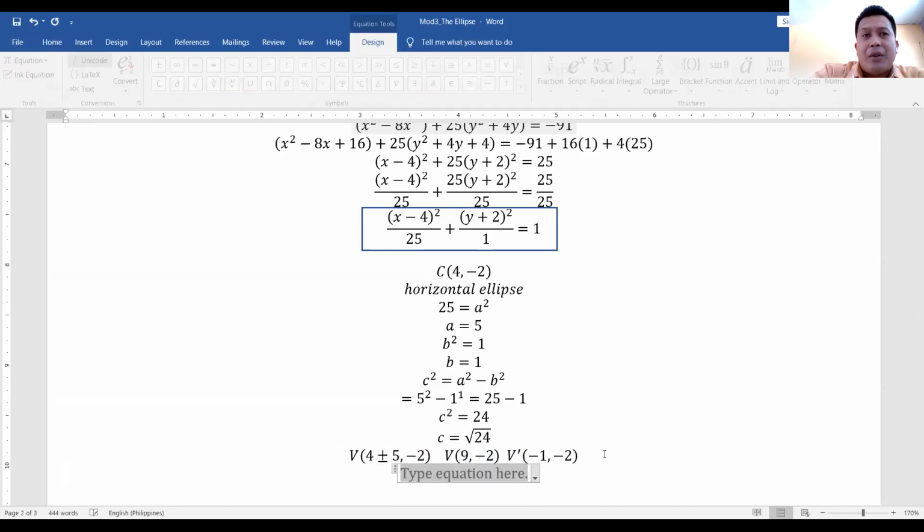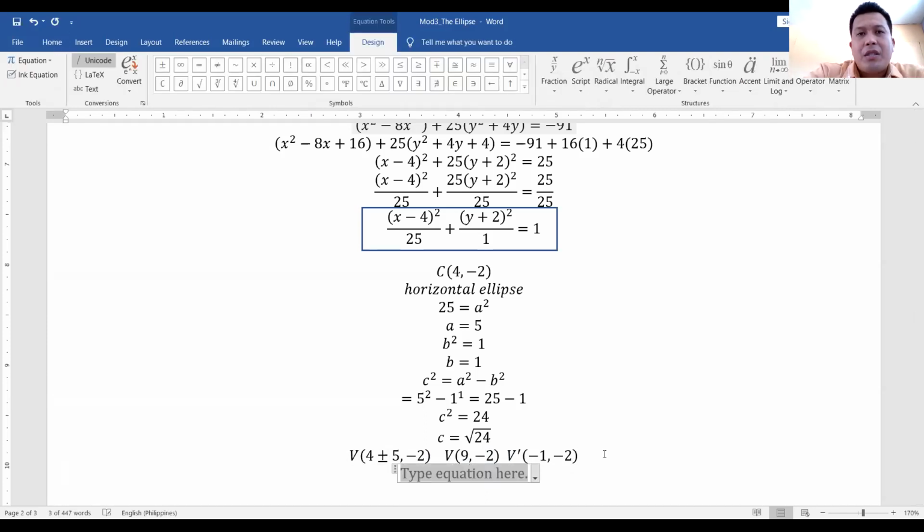Let's proceed with the focus. Focus is equal to, since that is the C, right? And your focus is also along the same line as the x-axis. So therefore, focus is 4 plus and minus the square root of 24 and negative 2. We will not involve decimals anymore, we just keep the square root of 24.